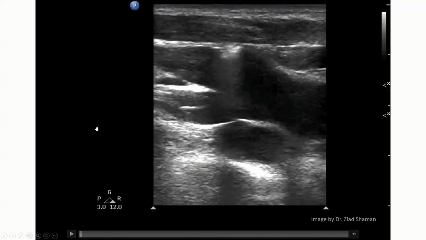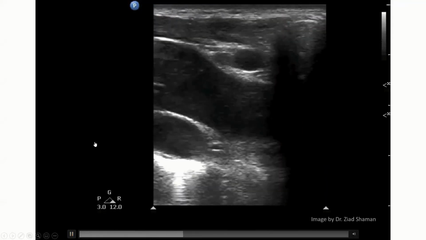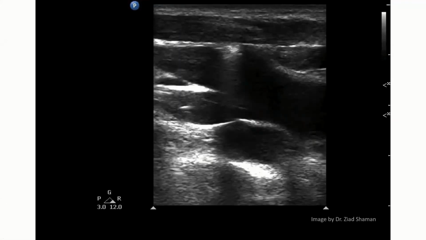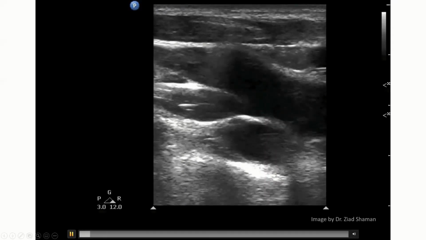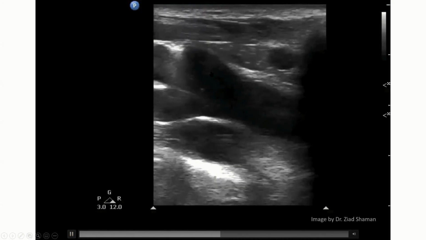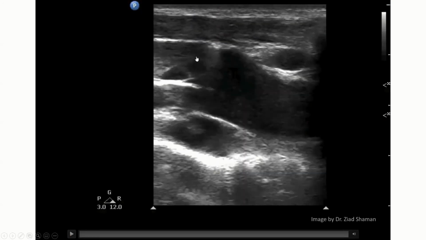This is another example. So this is the image when trying to get the central line, but we can see these high echoic materials in the vessels.